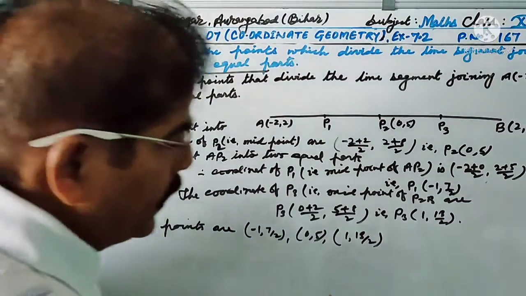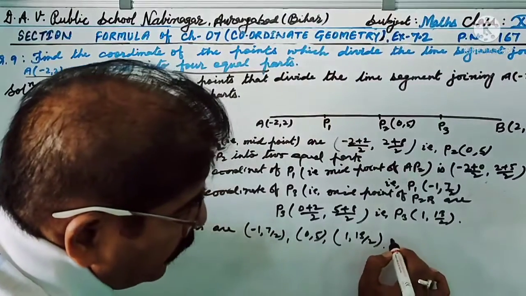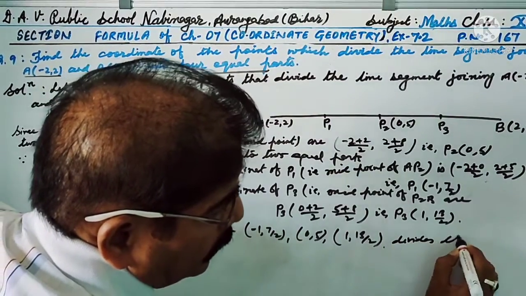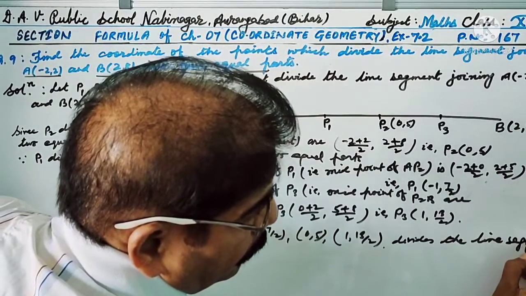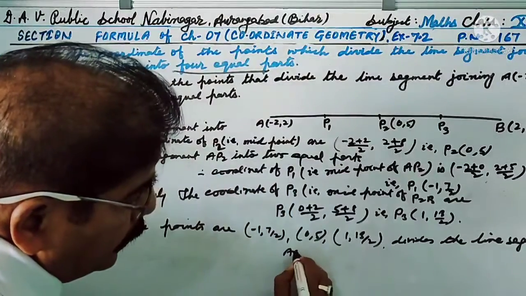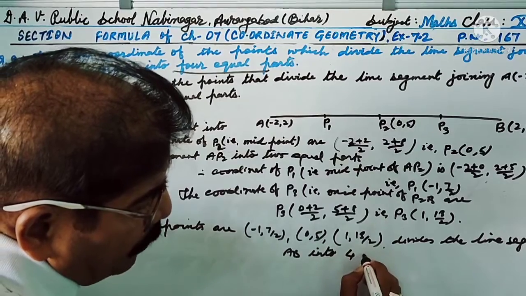Hence the points P1, P2, P3 divide the line segment AB into 4 equal parts.